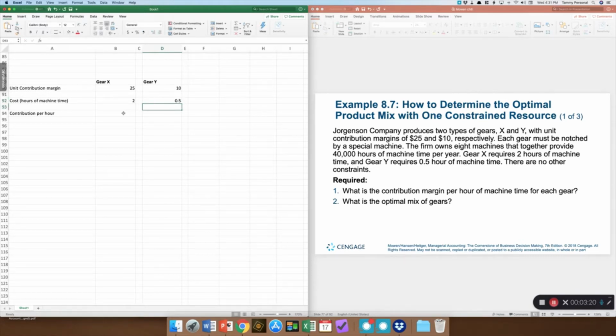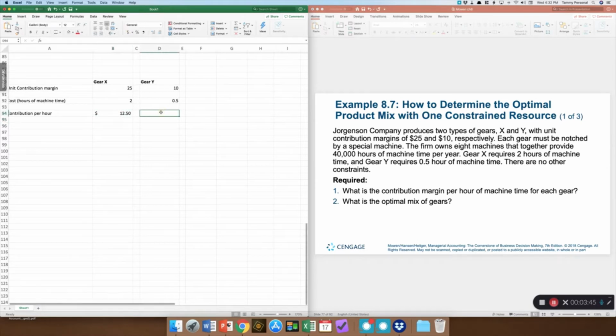Okay, and so what we are asked to do is figure out the contribution margin per hour of machine time. So for gear X, it's going to be $12.50 per hour of machine time, and for gear Y, it's going to be $20 per hour of machine time.